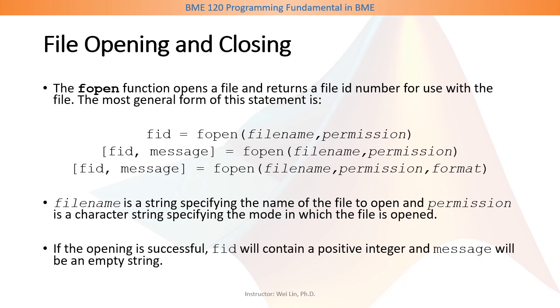And if its opening is successful, the FID will contain a positive integer and the message will be an empty string. And here is the very important information: if the file ID is not a positive integer, for example, if it is a negative value, usually -1, this means the fopen operation failed. And you can use that number as a judgment to see whether the file operation is successful or not.